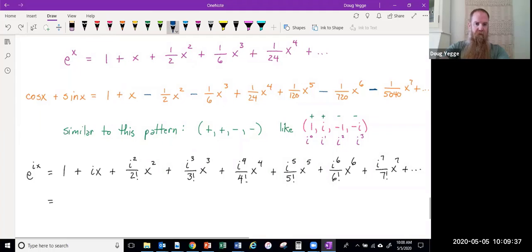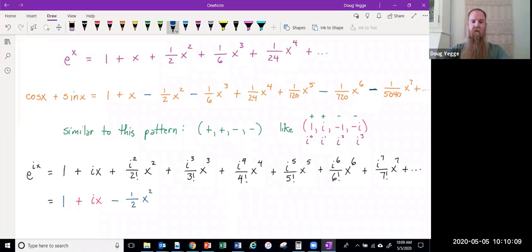Now I'm doing these in different colors because alternating values are going to be real numbers or imaginary numbers. So i squared is negative 1. Okay. So this simply becomes minus 1 over 2 factorial, or just 1 over 2 x squared.